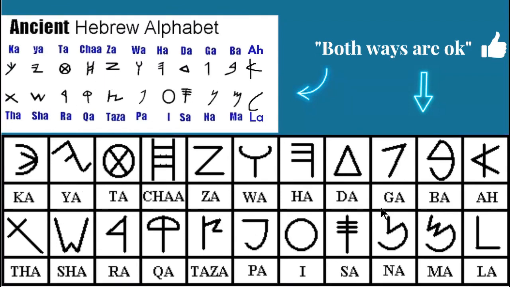The only difference I can really point out is you have the ka here and the ka up here. Like I said, both ways are okay, but this way is the original way.